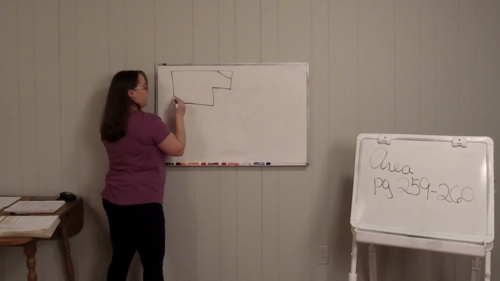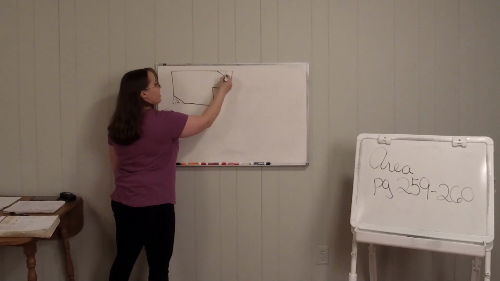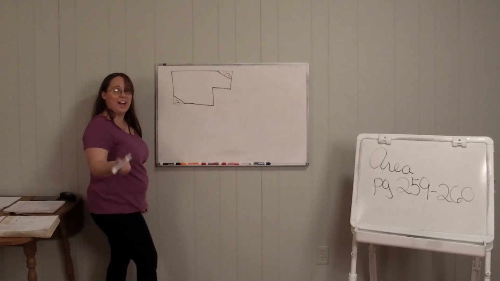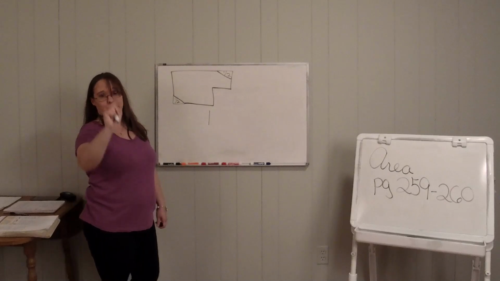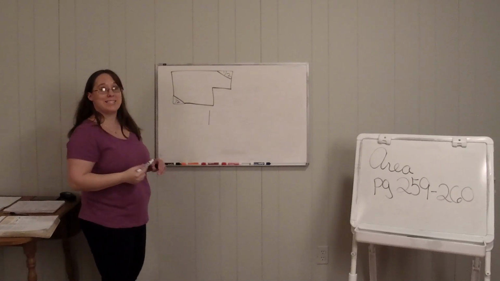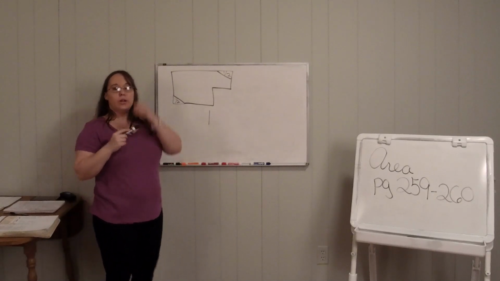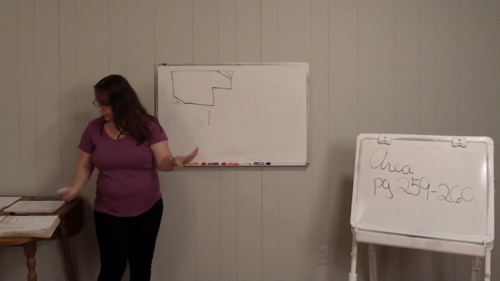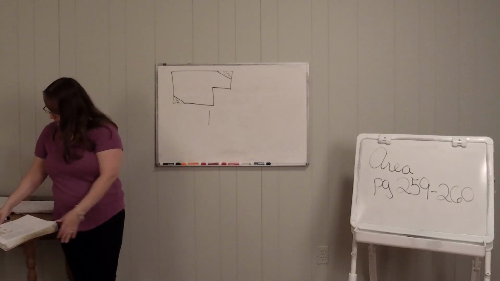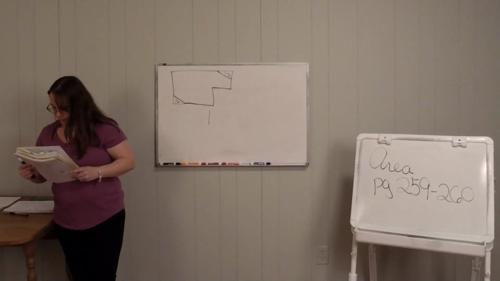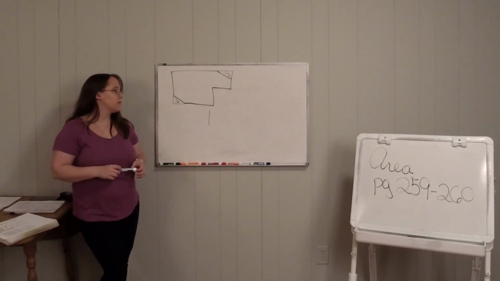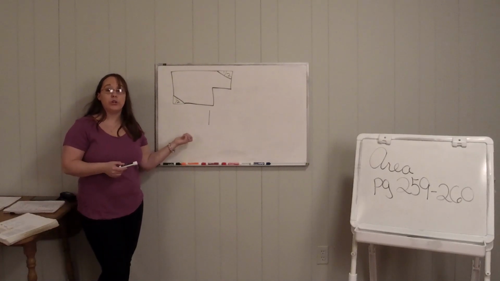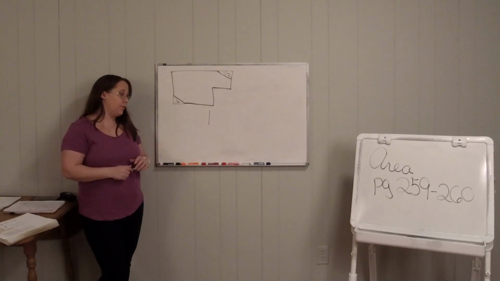That is a half, and that one equals a half. Two halves equal one whole. So those two halves you would count as one. That would be 1C. I'll give you time to count them. It would be 16 square units for 1C. Okay?